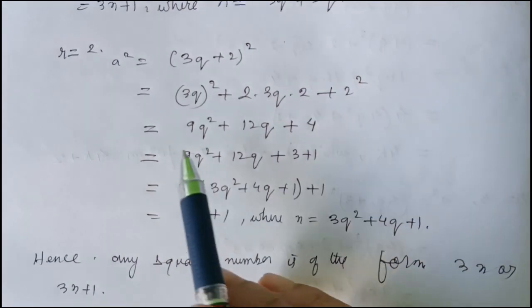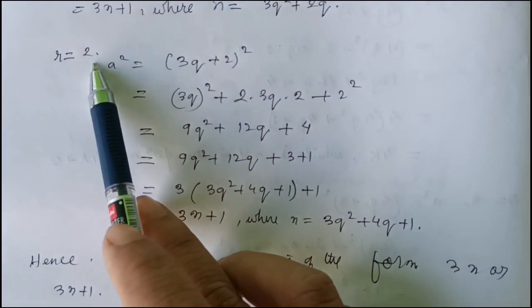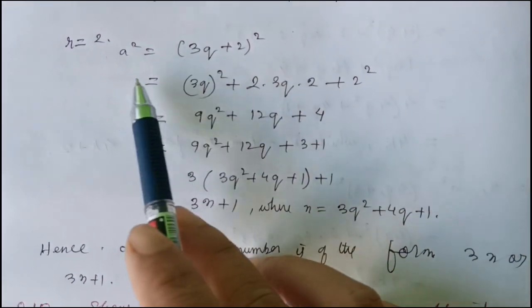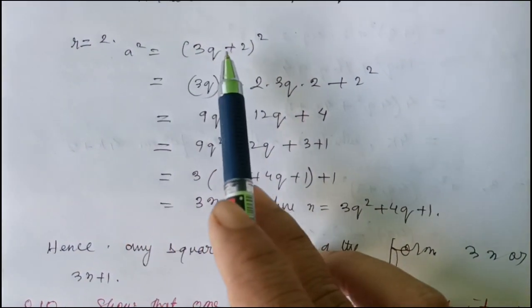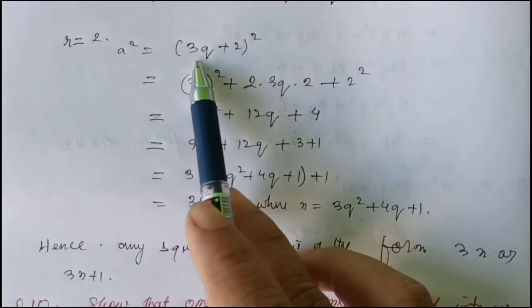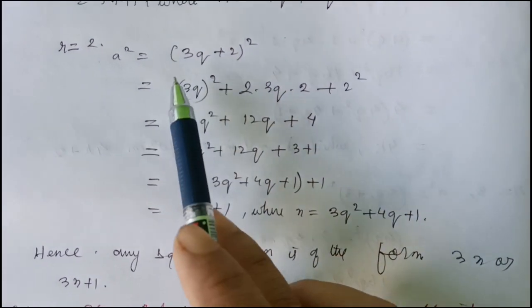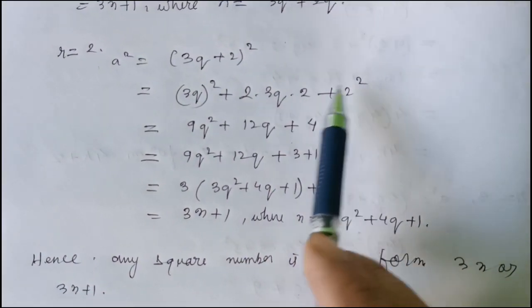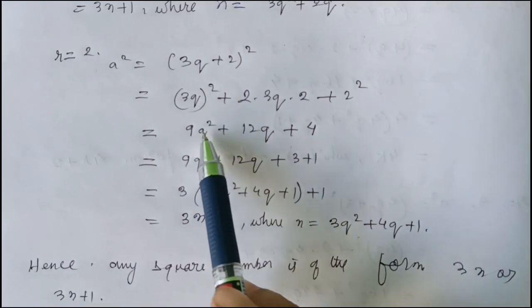Now for remainder 2. Since the solution is the same, I already solved it for you. When the remainder is 2, 3q plus 2. This is a plus b whole square, so a square plus twice ab plus b square. 3 square is 9, right?